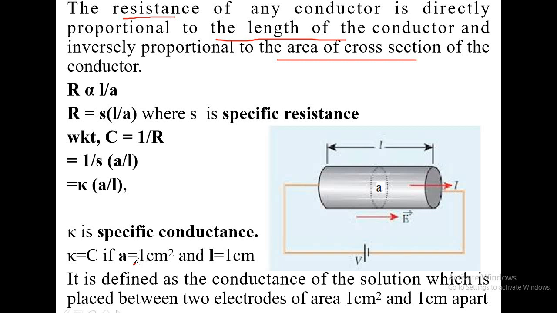Now let us define this specific conductance in the case of a solution. Specific conductance is defined as the conductance of the solution, because K is equal to C when A equal to 1 centimeter square and L is equal to 1 centimeter. Suppose we are defining this specific conductance for any solution. In that case, it is the conductance of the solution which is placed between two electrodes of area 1 centimeter square and 1 centimeter apart.